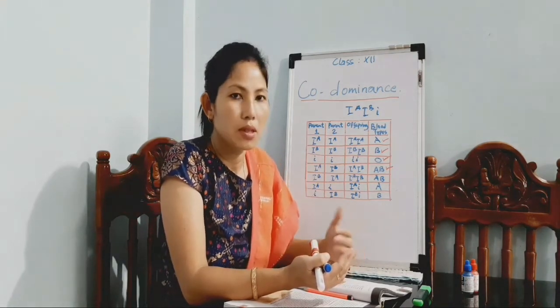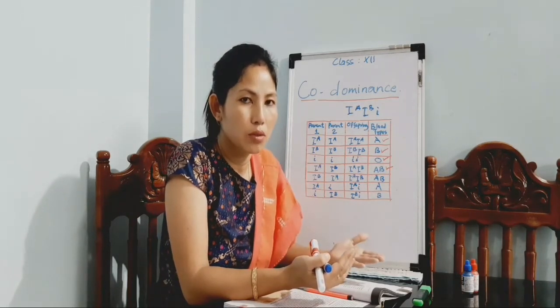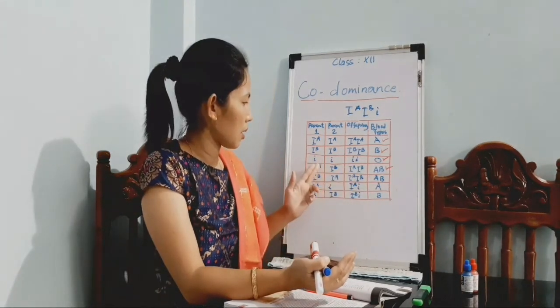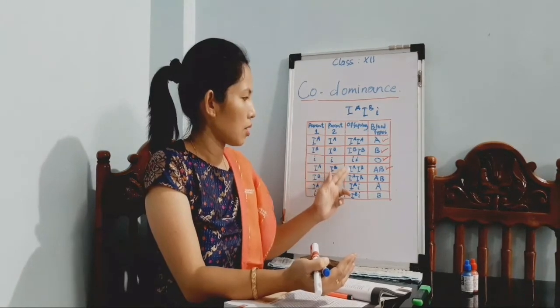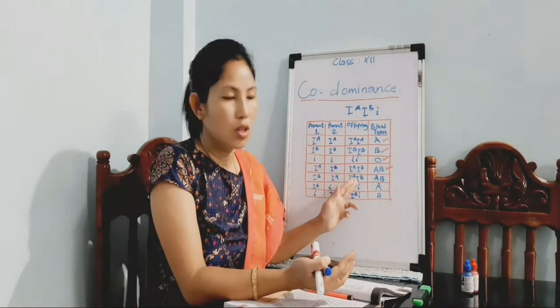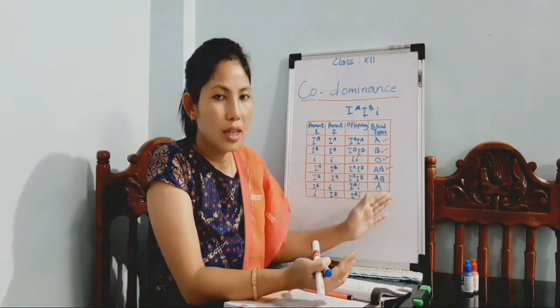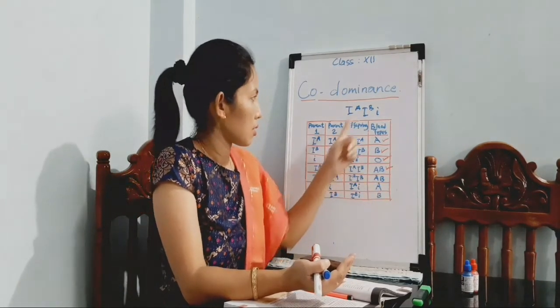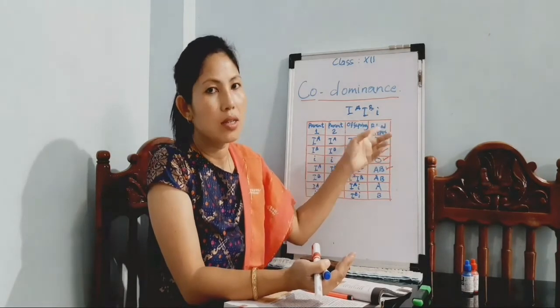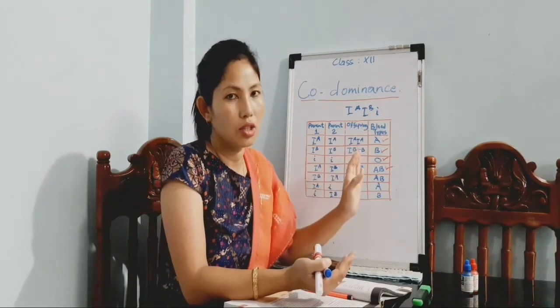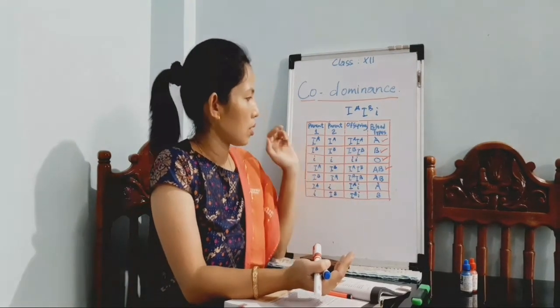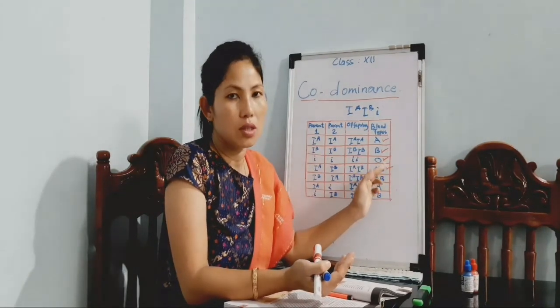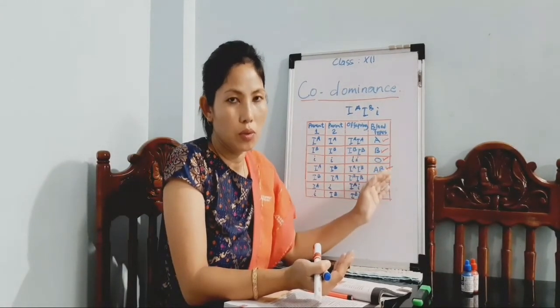But here, in the case of IA and IB, none of them is dominated, so both of them together express, that is the blood group AB. Whereas the allele small i does not synthesize any sugar at all, so that blood group is considered to be blood group O.